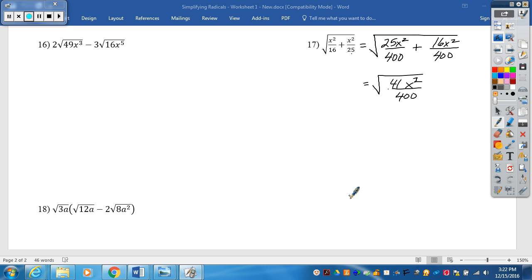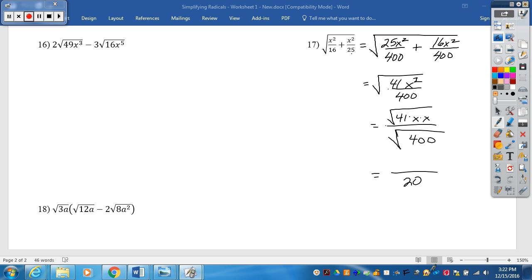Okay? Now, we still have a fraction underneath the radical. So I'm going to break apart that fraction and write it like this. There's 41x squared, and there's 400. Okay? Now you guys already told me the square root of 400 was 20, right?